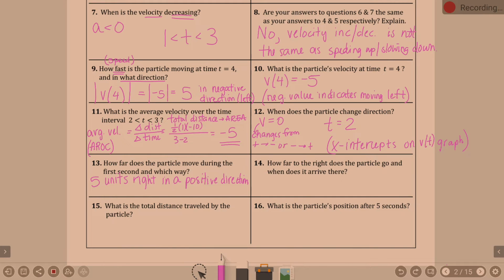From 0 to 1, what do we know? Width 1 and height 5, so 5. From 1 to 2, it's a little triangle: 1/2 times the width of 1 times the height of 5. What do we get? 2.5. Okay.